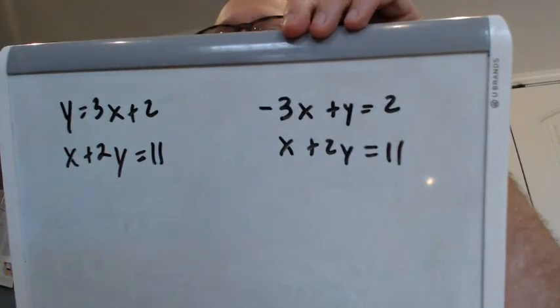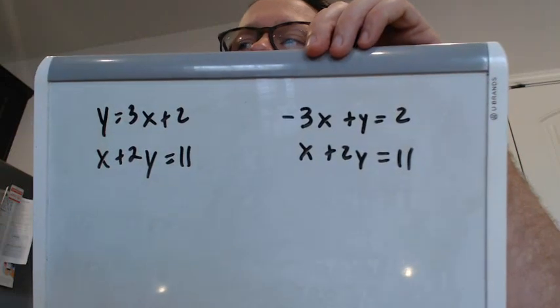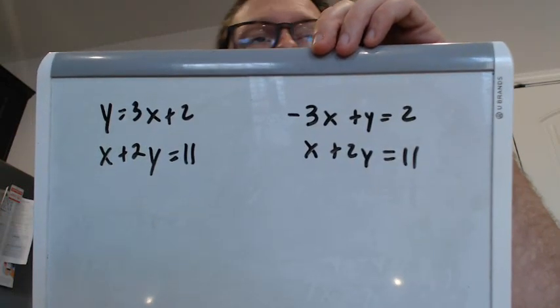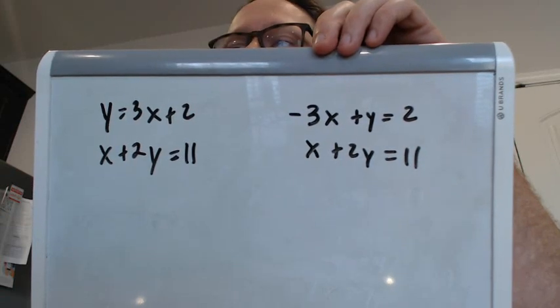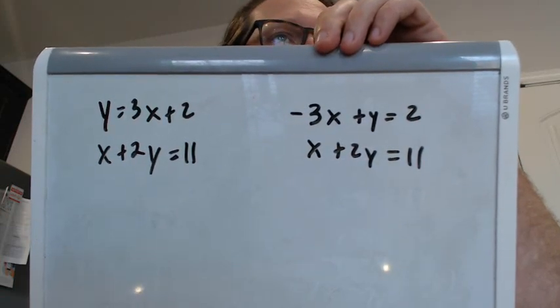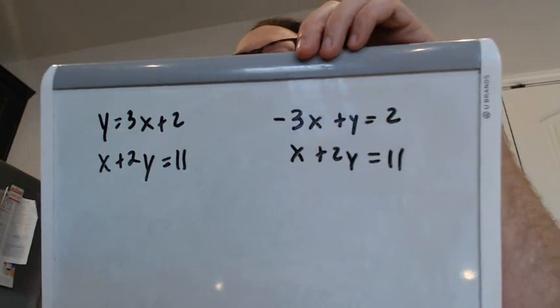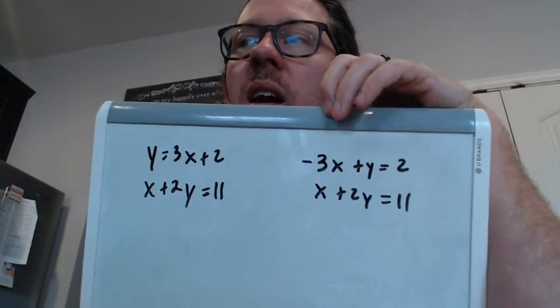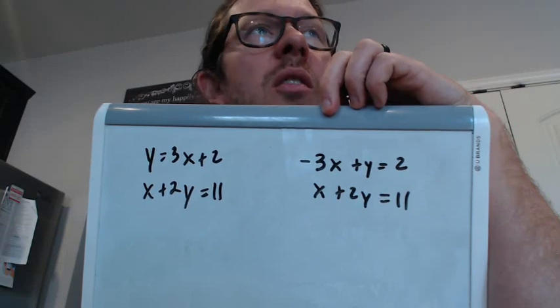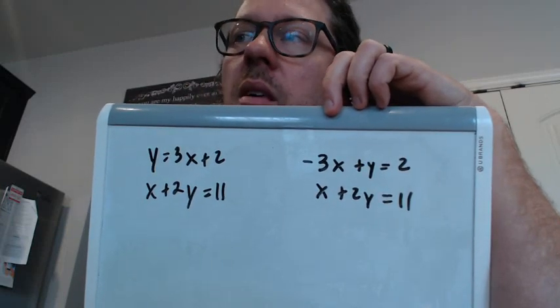Now, with elimination, you just want to pick one variable that you want gone, okay? So it doesn't matter which one you do, but let's say I want the x gone, right? Well, if I want the x gone, the top x has a coefficient of -3, right? And the bottom x has a coefficient of 1. So you just want them to be exactly the opposite, okay?